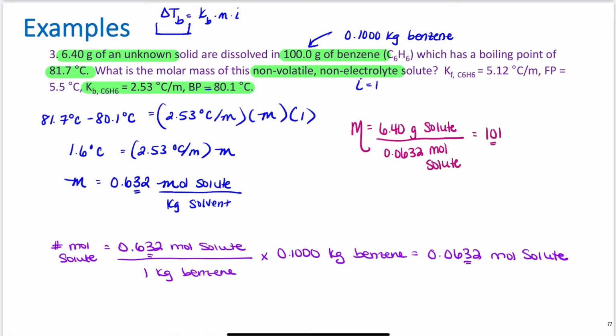That gives me 101 grams per mole, but I need my sig figs. 100 grams per mole, still not correct on sig figs because I need 2. So I'm going to write 1.0 times 10 to the second grams per mole. And now I've got the right answer and my sig figs are finally done.